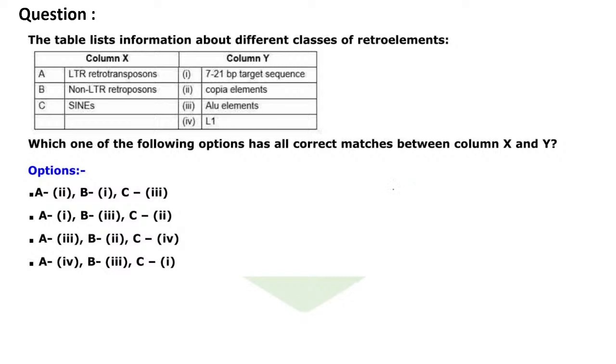Next question. This one is from your transposons. This table lists the information about the different classes of retroelements. You need to find out which of the options correctly matches column X and column Y. Try the question, everyone. Simple again.